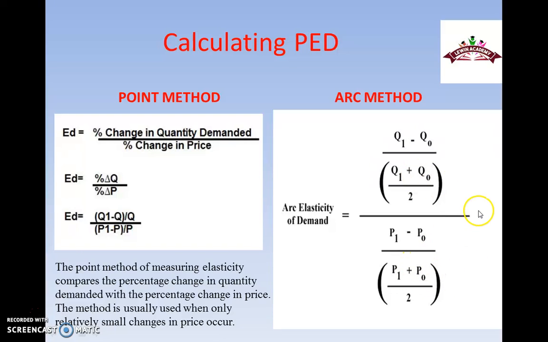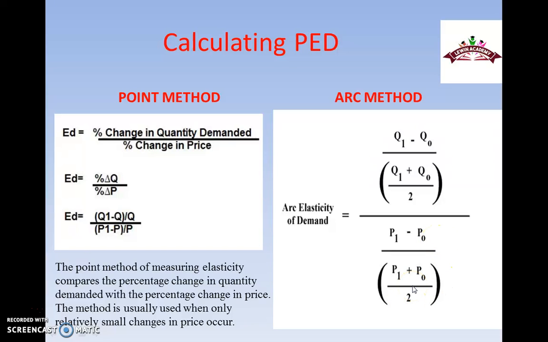So first you look at the quantity: the second quantity minus the first, all divided by the average of the two quantities, Q1 plus Q2 all divided by 2. Then you divide that by the difference in price, all divided by the average price.